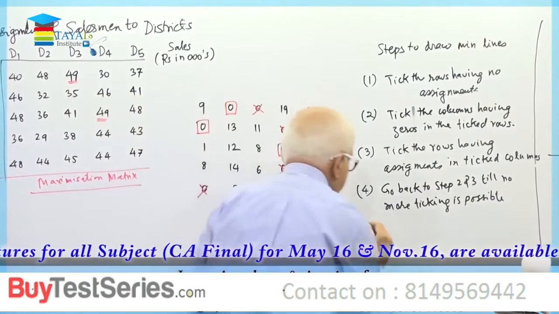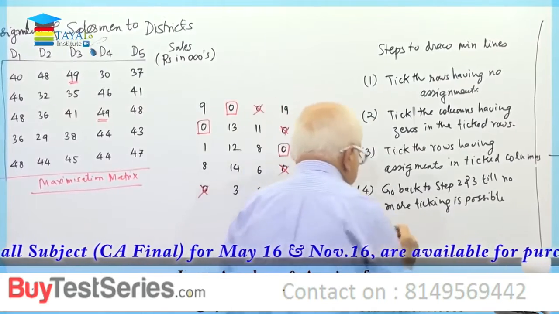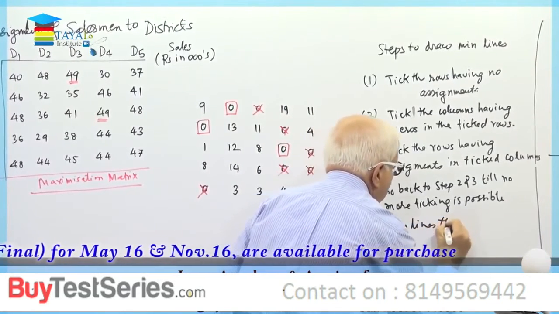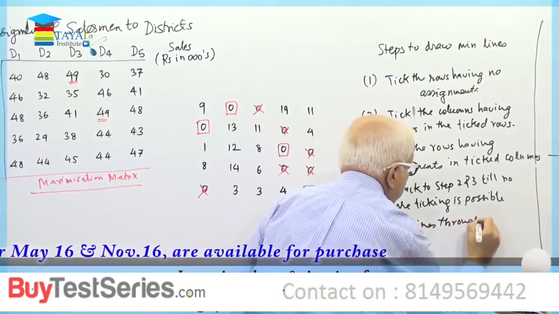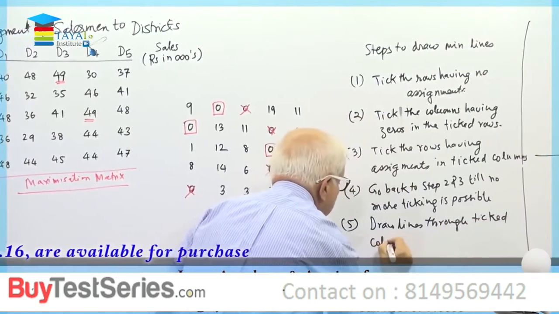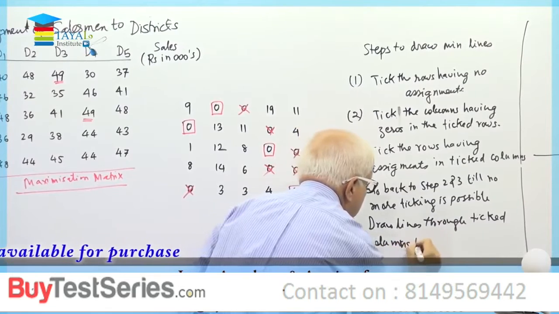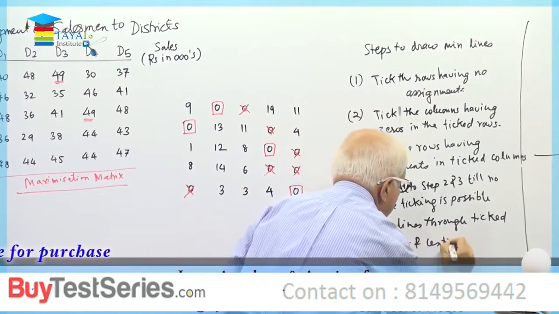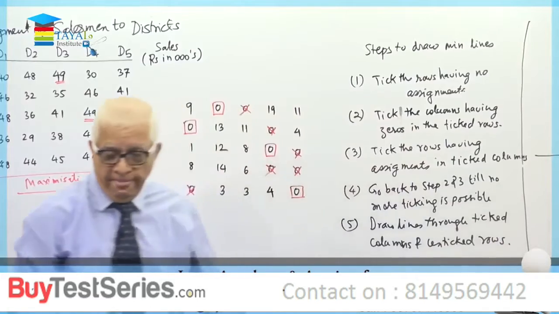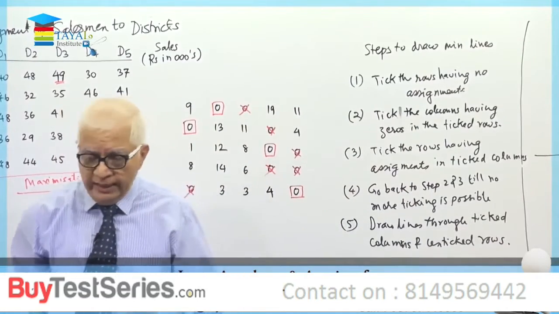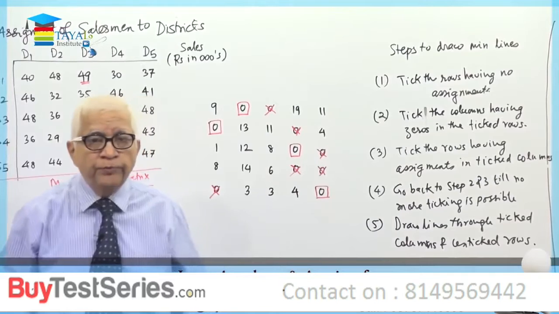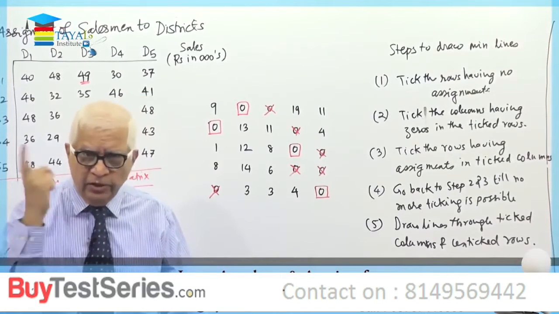Step number 5, the last step. Draw lines through ticked columns and unticked rows. These 5 steps will ensure the minimum lines. Now see, in the beginning these 5 steps look to be too much to do, but it is not actually. It's a matter of practice.